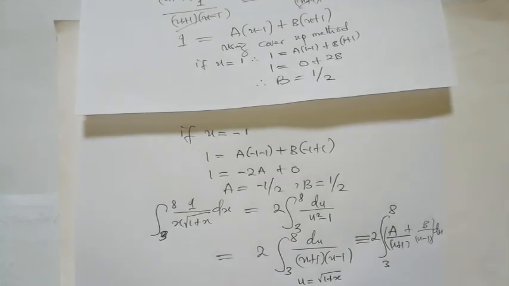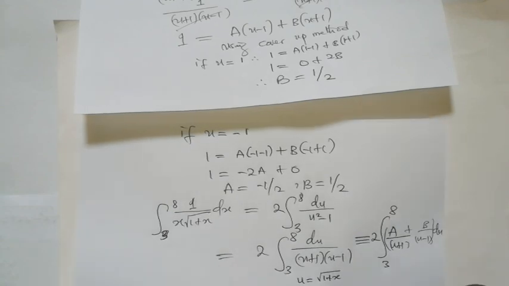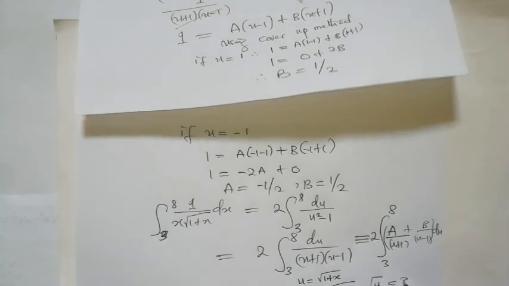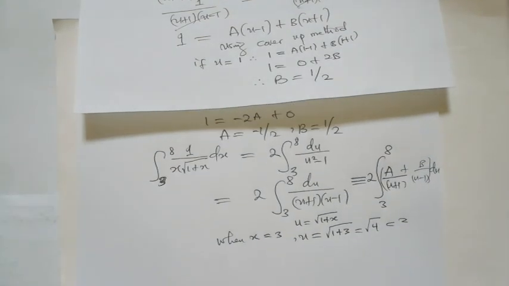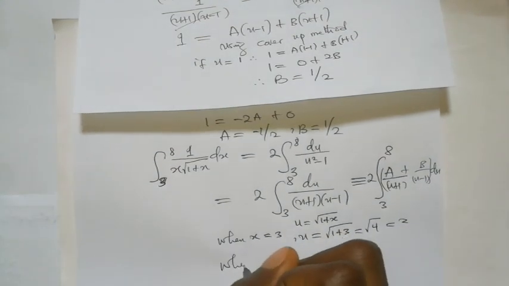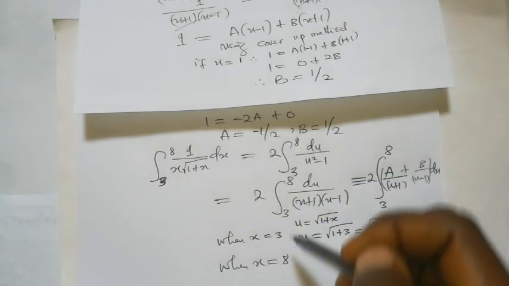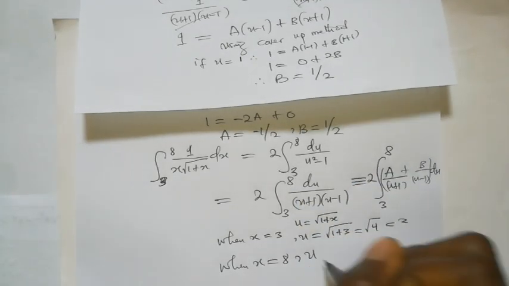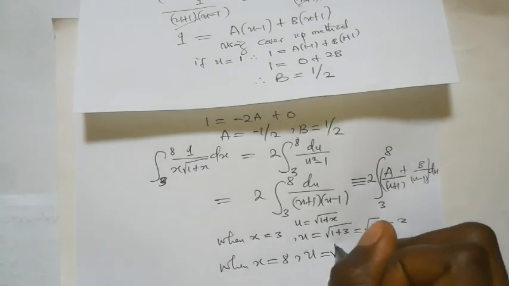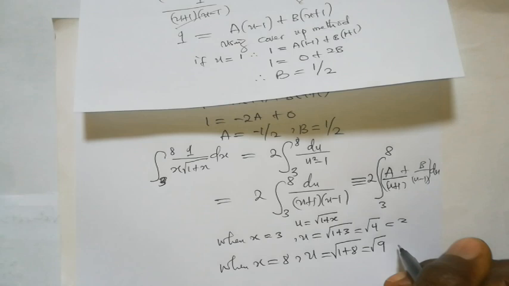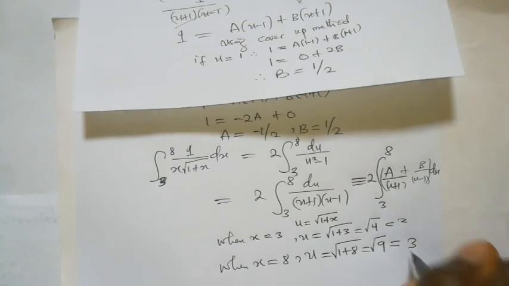So u is the square root of 1 plus 3, which is the square root of 4, which is equal to 2. You get it? Also, when x is equal to 8, what is going to be our value of u? Our u is the square root of 1 plus 8, which is the square root of 9, which is equal to 3.